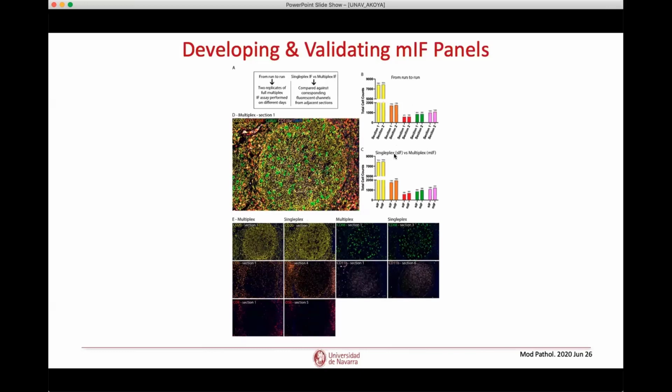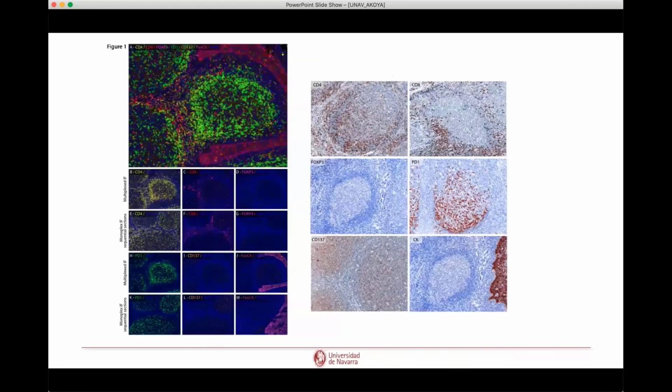As you can see here, most of the time during the multiplex implementation, we always have more signal. We always have more counts than the singleplex. This is expected, as the way that the OPAL works is several rounds of antigen retrieval, and then you always expect to have more signal, or more epitopes or more antigen, in the tissue.